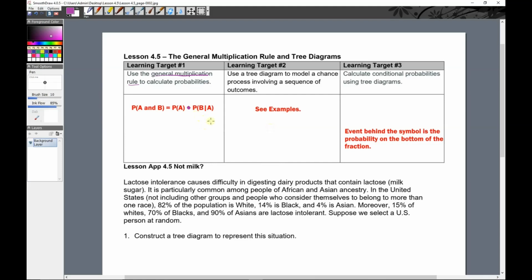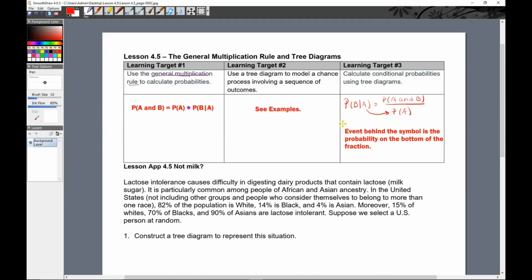And then finally, the third one is calculate conditional probability using tree diagrams. One thing that we need is this. We use this on the very last thing on the front. The probability of B, given that A happens, is the both probability of A and B divided by the probability of A. And this is the event behind the symbol, is the probability on the bottom of the fraction.